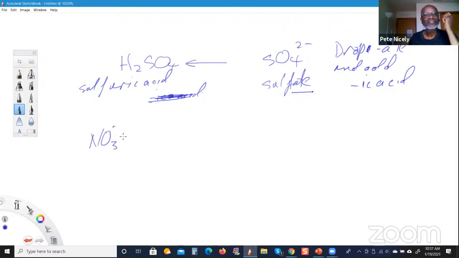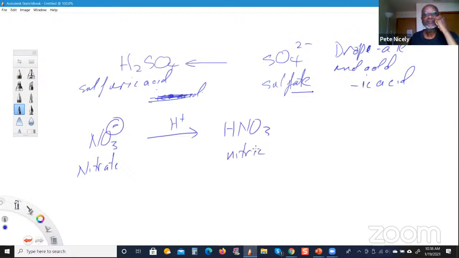Nitrate, let me do nitrate here as another example. To get from nitrate to nitric, we add a hydrogen ion to get HNO3 for each negative charge that is present. So this becomes nitric acid. All right. We drop the ATE ending and we replace it with ic acid.